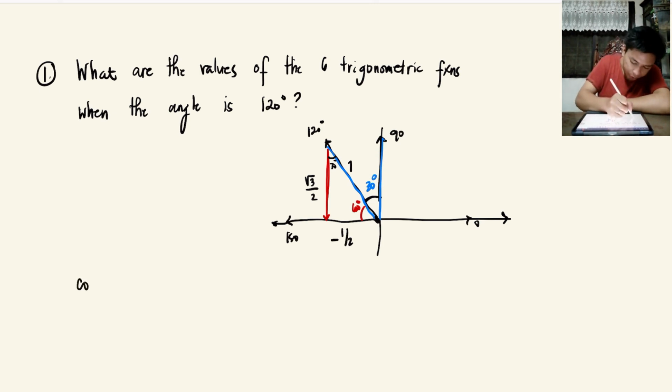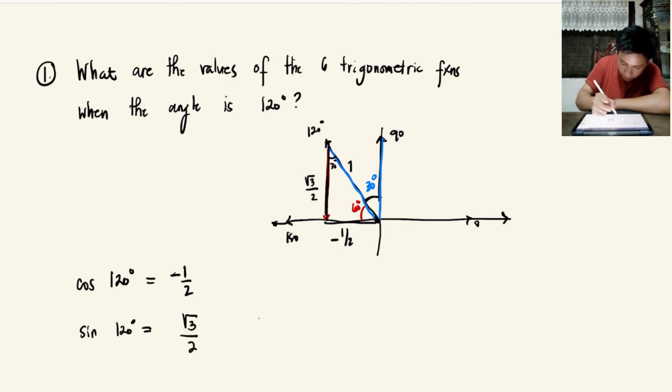Therefore, our cosine of 120 degrees is negative 1/2. Our sine of 120 degrees is this vertical distance here, which is square root of 3 over 2. So our tangent of 120 degrees is square root of 3 over 2, whole over negative 1/2, and so we get negative square root of 3.